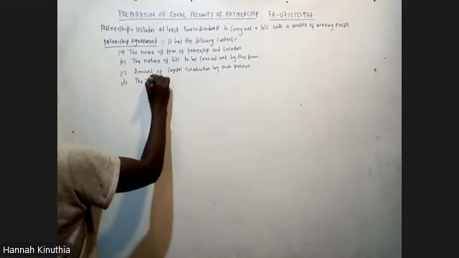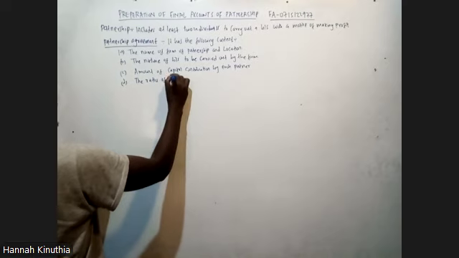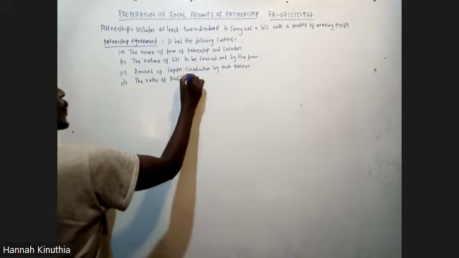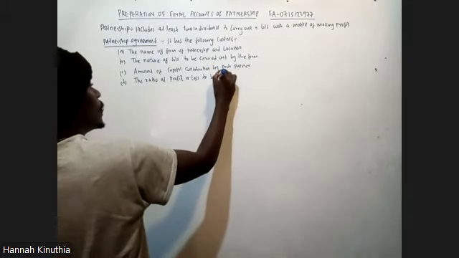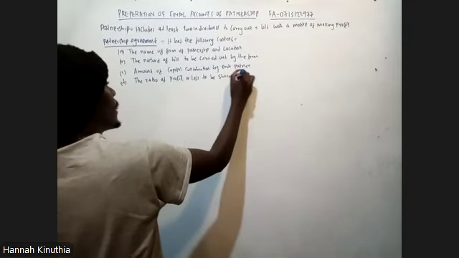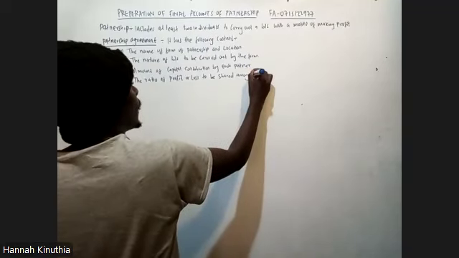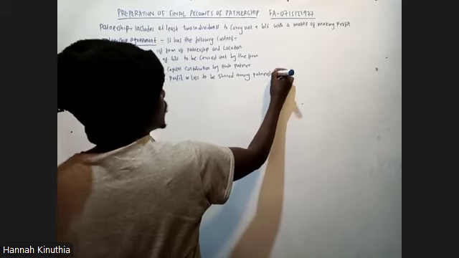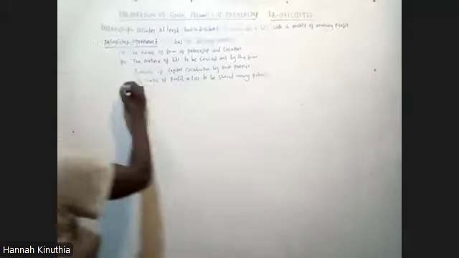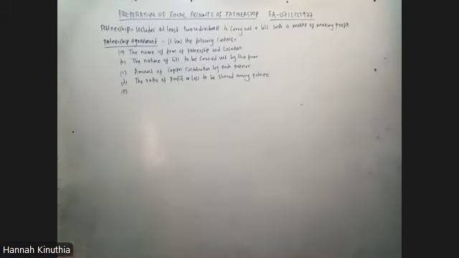It must also have the ratio of profit or loss to be shared among partners. So that one is also another content that you might find in the partnership agreement.